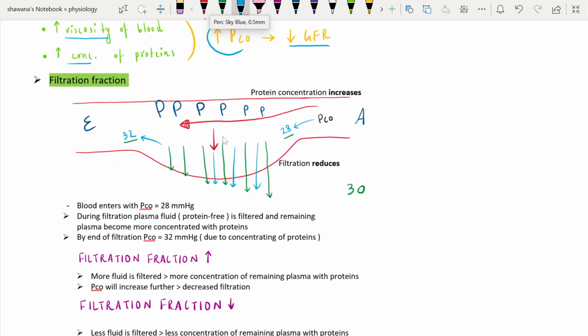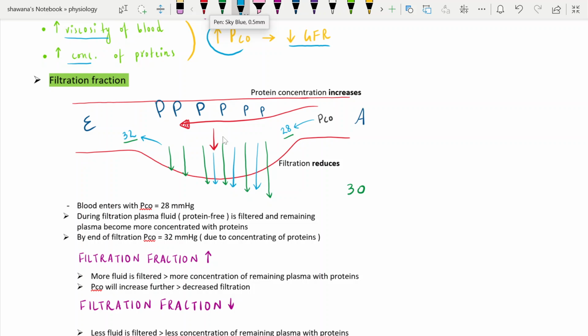As you all know, proteins have a larger size than the pores present in the endothelium of the capillaries. So these proteins cannot be filtered, except in conditions when there is high permeability of the glomerular basement membrane. But under physiological conditions, these proteins remain inside the plasma.